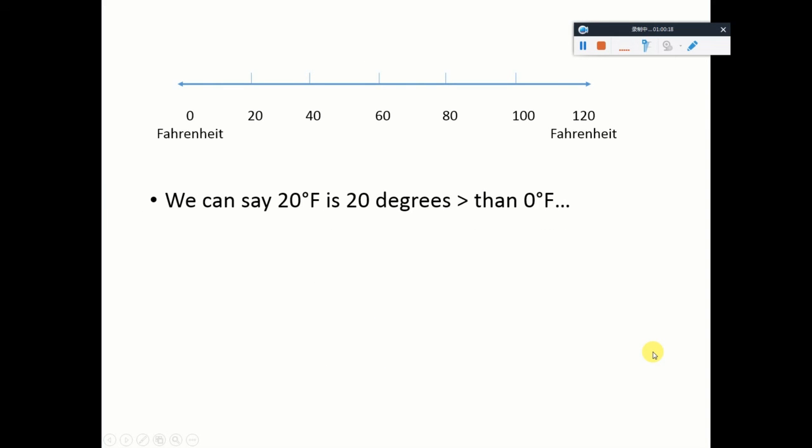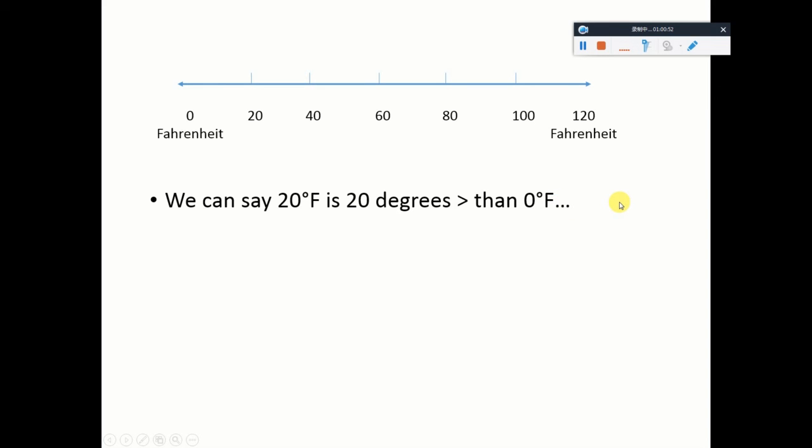Okay, so let's see if we really understand this, arbitrary 0 point on an interval scale. So I give you here the original, usual Fahrenheit scale, starting with 0. We know from the previous discussion that 20 degrees Fahrenheit is 20 degrees higher or warmer than 0 degrees Fahrenheit.